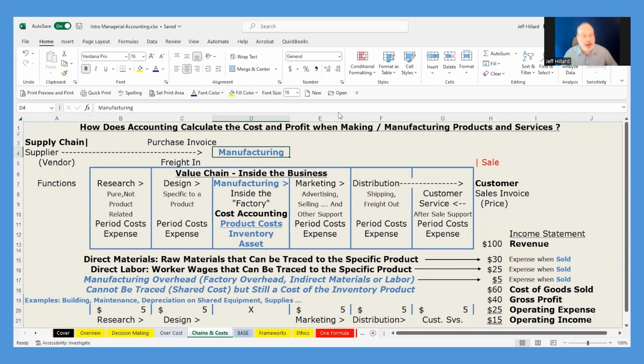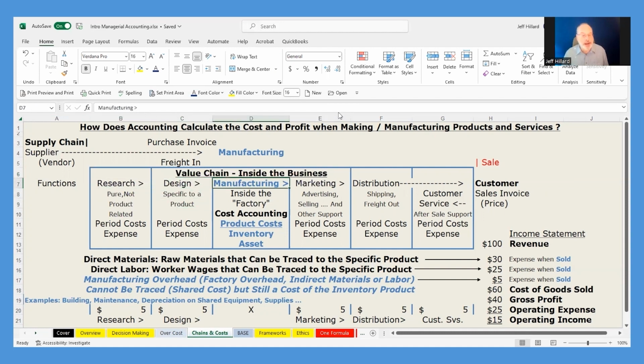Now, every business has another important concept, a value chain inside the business. It's typically broken into these functions: research, which is pure and not product related; design, which is more specific to the product. As it moves through the chain, we're adding value.